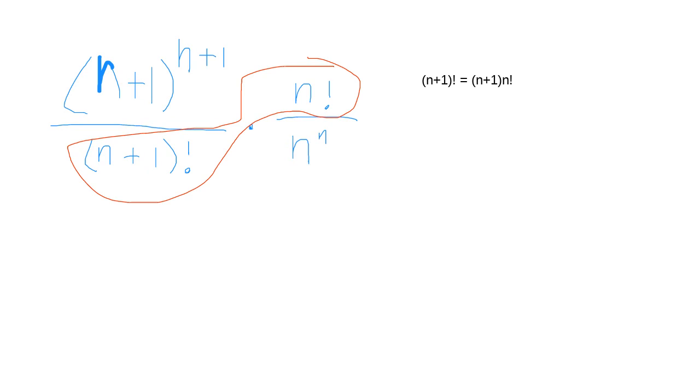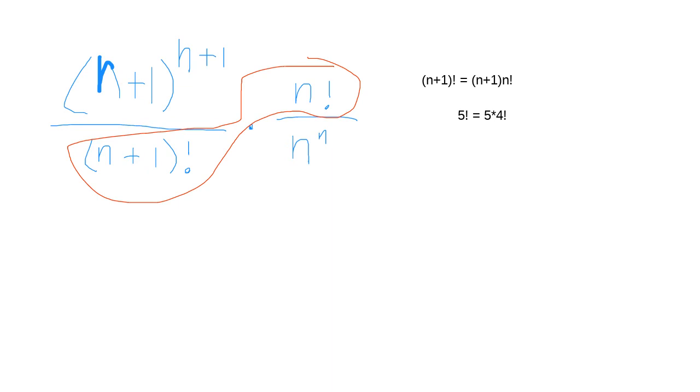Think about 5 factorial. It just equals 5 multiplied by 4 factorial, because that's the definition of factorial: we multiply the number next down to 1. So (n plus 1) factorial equals (n plus 1) times n factorial.